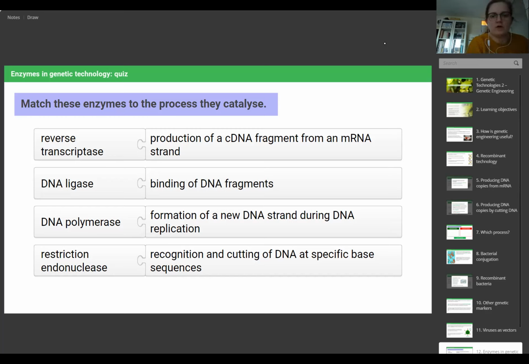Okay, and we'll look at this one. So haemophilia is a genetic condition in which blood fails to clot. Factor IX is a protein used to treat haemophilia. Sheep can be genetically engineered to produce this factor in their milk, produced by their mammary glands. Diagrams show the stages involved. So the first stage, the gene for that factor is cut from the human DNA.